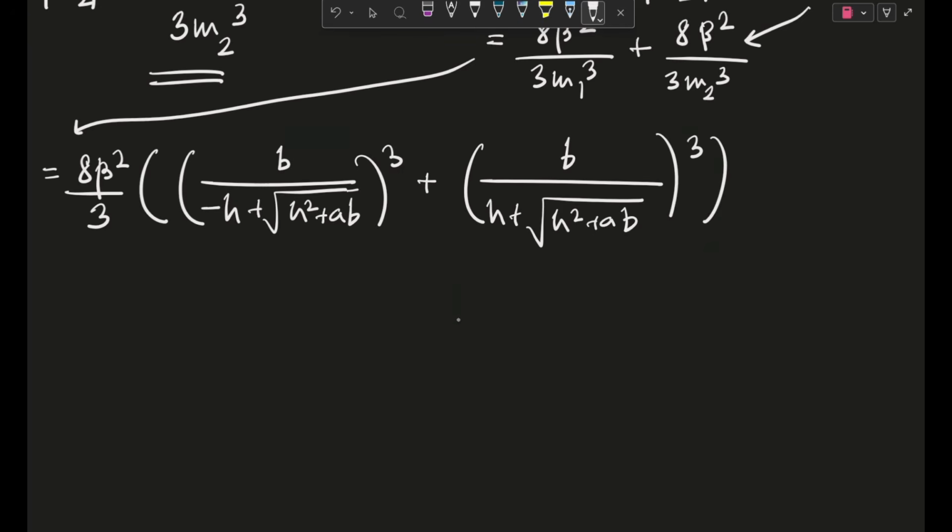For the time being, I am doing one thing, because this √(h²+ab) expression is causing a lot of problem, so I am substituting k as √(h²+ab).